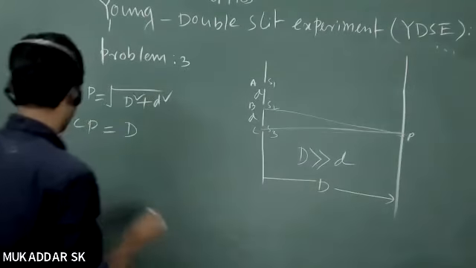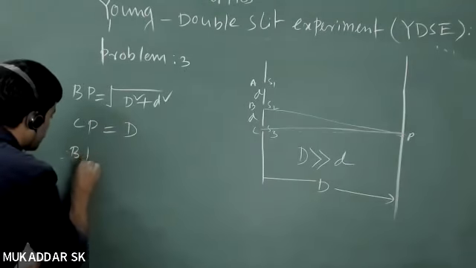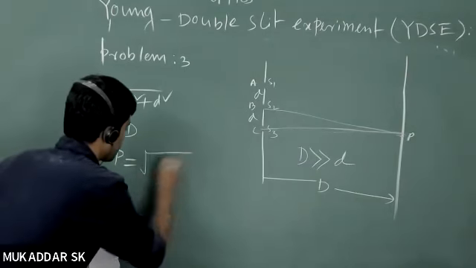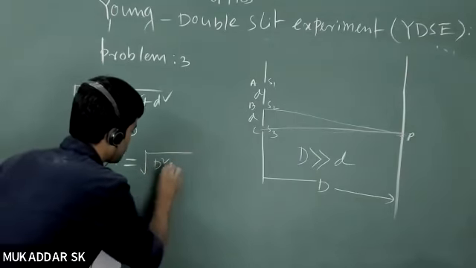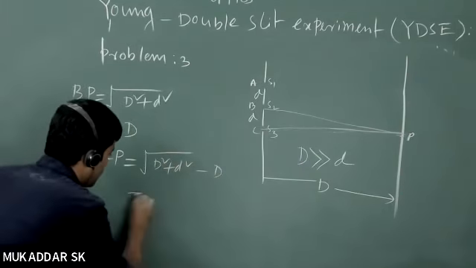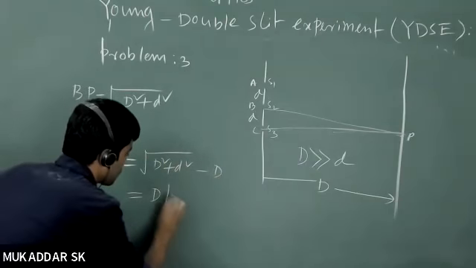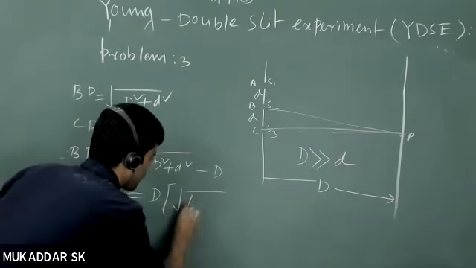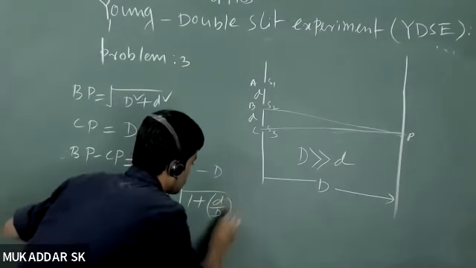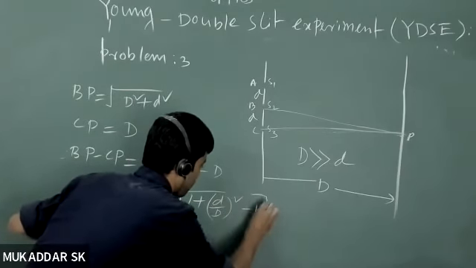ठीक है. Now BP minus CP, that I can write square root of capital D square plus small d square minus D. Now I'll take capital D common. So what I can write from here? I can write 1 plus small d by capital D whole square, under root, minus 1.